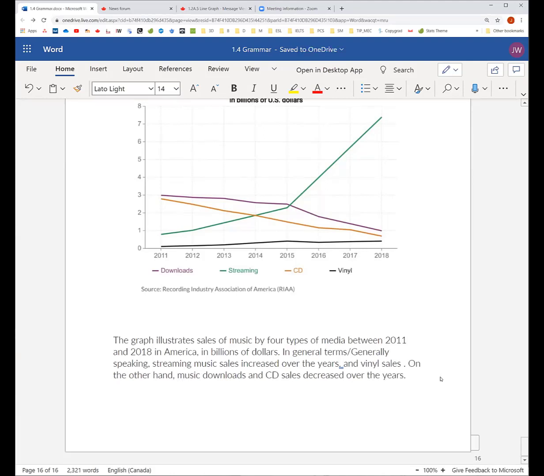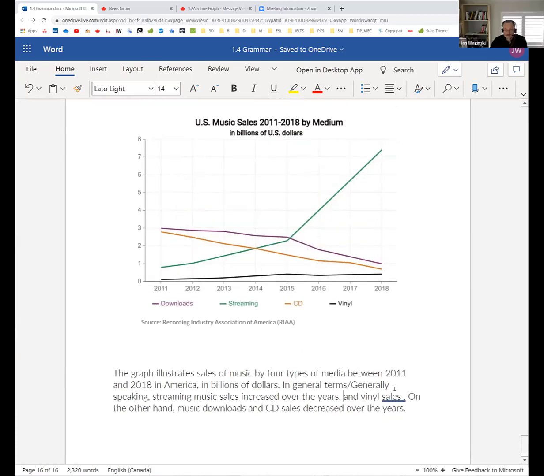Actually, we can consider it with streaming because it's also increased, but it's like different. Right, so that's the challenge because yes, they do both increase, but the pattern is very different. Vinyl sales also increased, but a different pattern than the streaming. Okay, so you've got this balancing act between being too general and being too specific in the general overview.